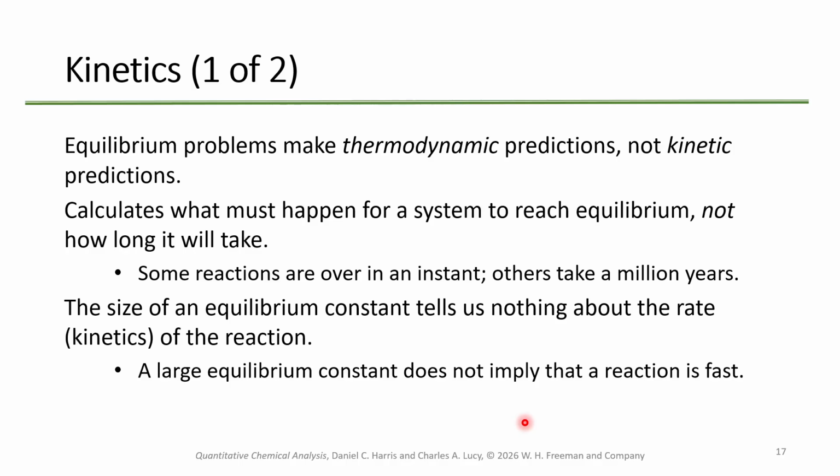Now, the other part of this we need to discuss then is, what speeds up reactions? Usually heat, right? Okay. And so remember that in equilibrium, there are going to be thermodynamic predictions. We have no kinetic prediction at all we've made. We've talked nothing about speed.